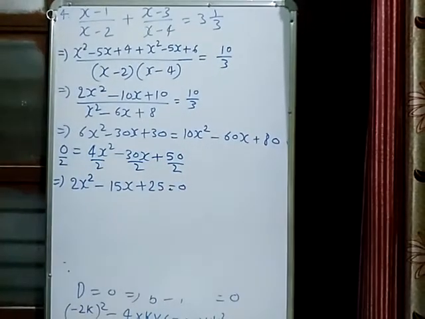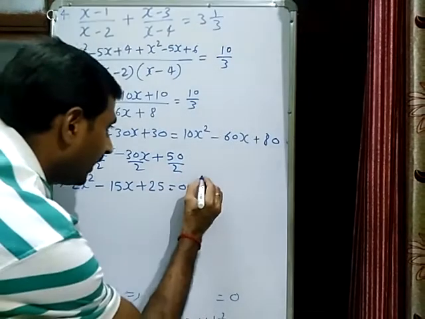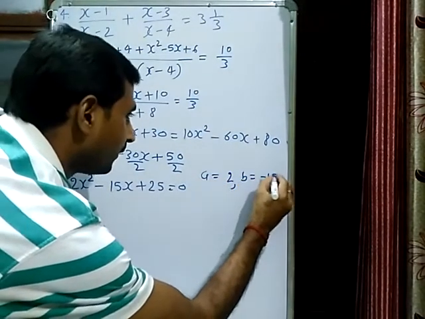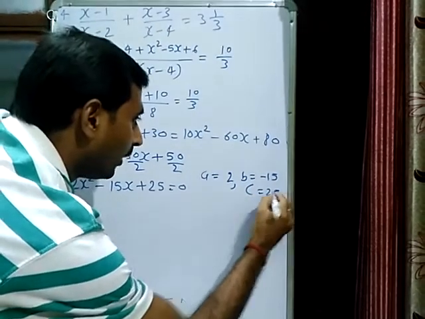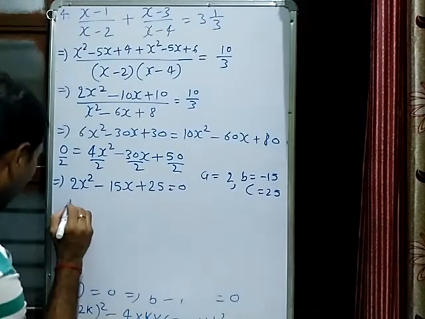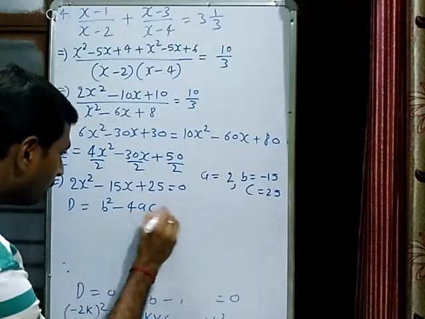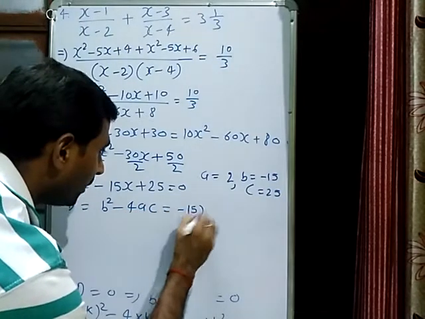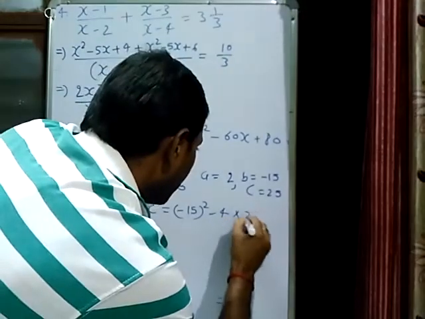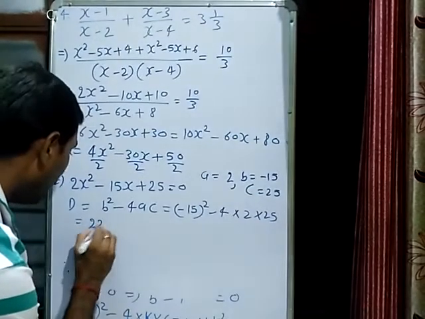To solve using the quadratic formula, we need to take the values of a, b and c. a is equal to 2, b is equal to minus 15 and c is equal to 25. Then we need to find the value of D. D is equal to b square minus 4ac. Minus 15 square minus 4 times a, where a is 2 and c is 25. 15 square is 225.